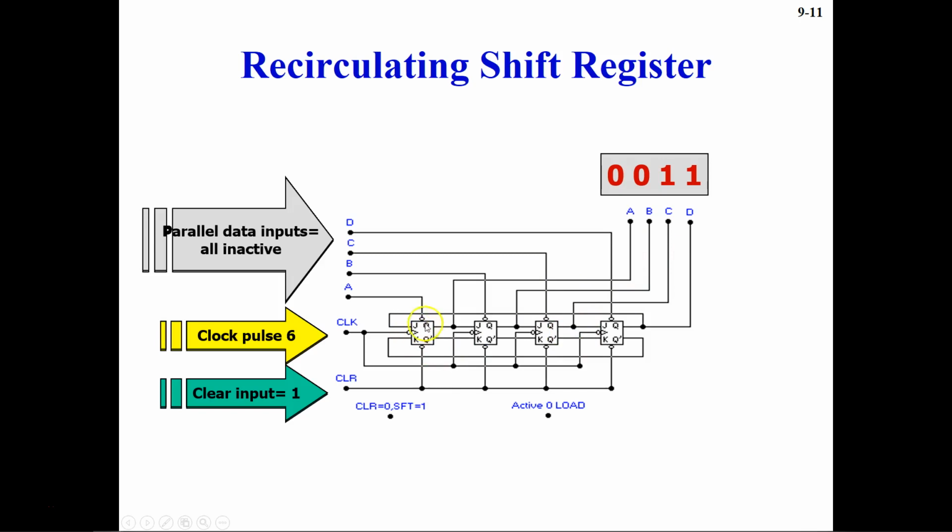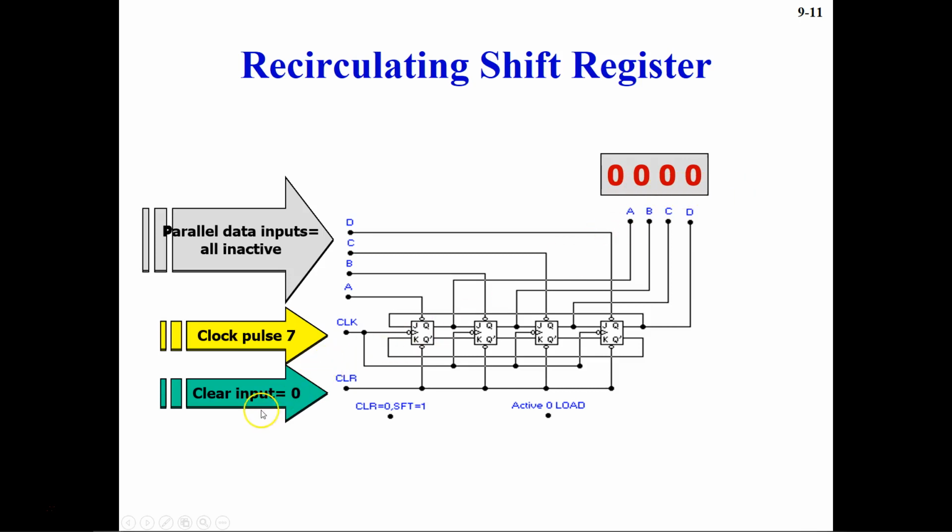So based on the input condition, we got 0 0 1 1 at clock pulse 6 when all the inputs are inactivated. And at the 7th pulse, what will happen? At the 7th pulse, everything is 0 0 0. So all of these, A B C D, are given binary 0000.